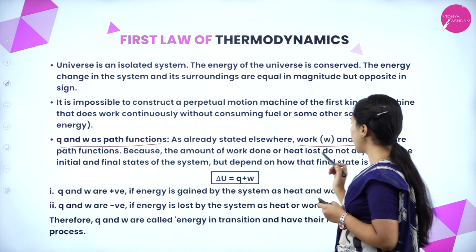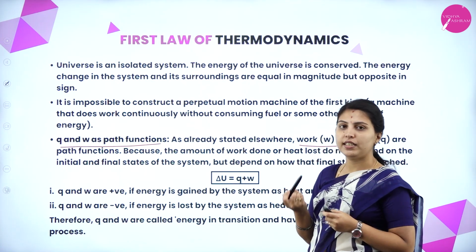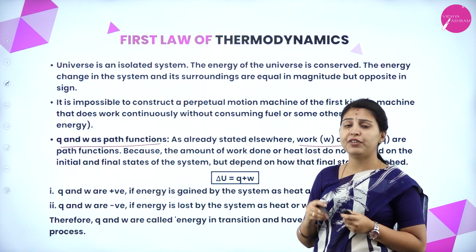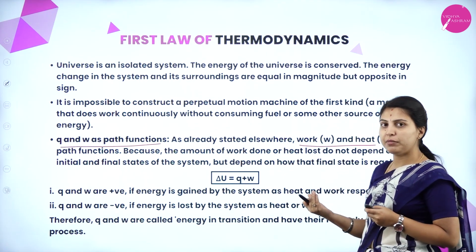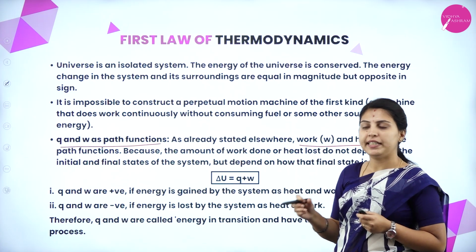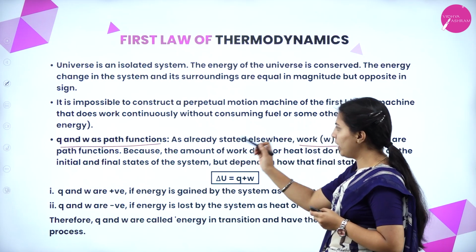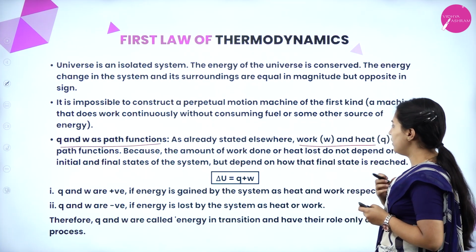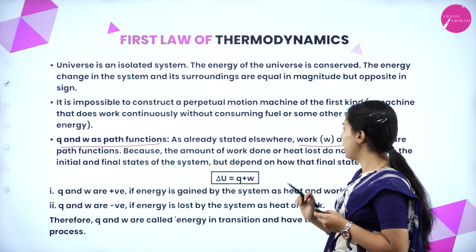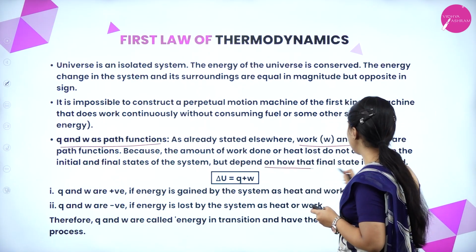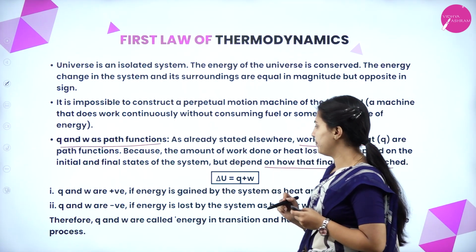The amount of work done or heat lost does not depend only on the initial and final states of the system, but depends on how that final state has been reached. That is why it acts as a path function.